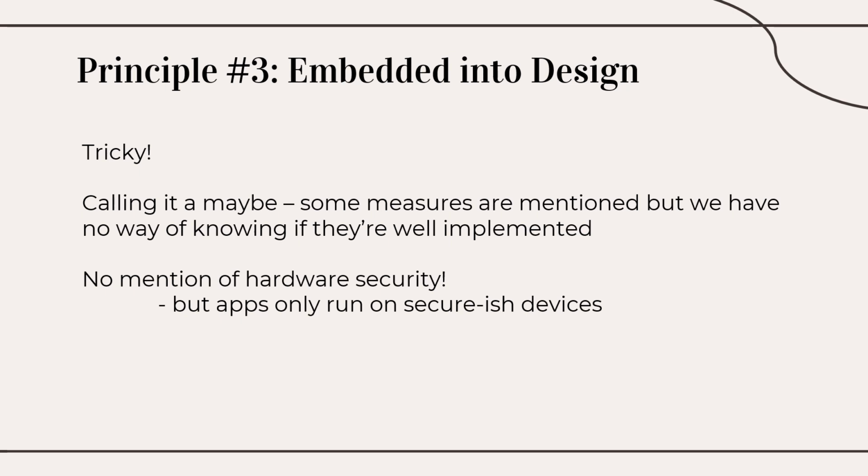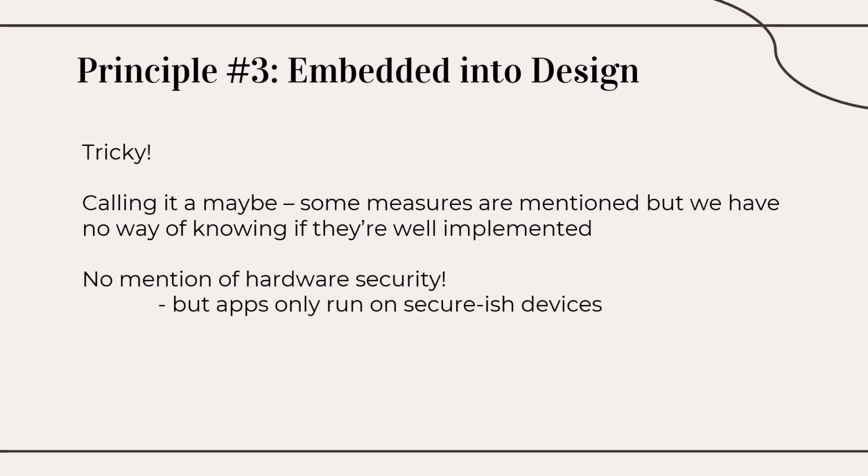And some measures were mentioned. For example, they have code reviews. I don't remember the rest, but they mentioned some of the things, but not all of the things that software security assurance entails.